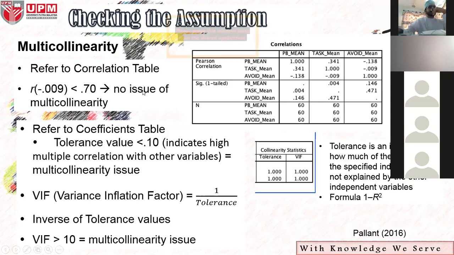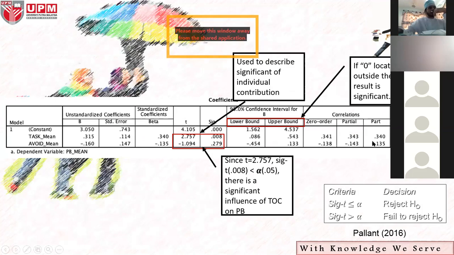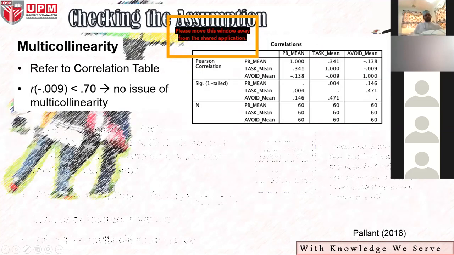And then the second one is we can refer to the coefficient table. If you're aware, we get it from here, this collinearity statistic.